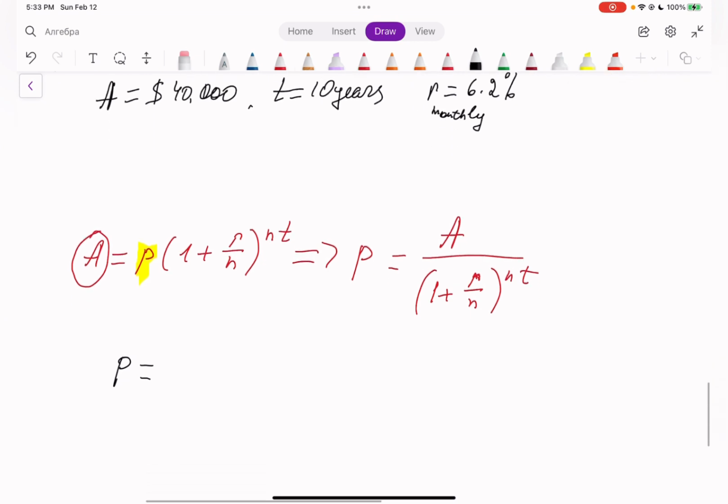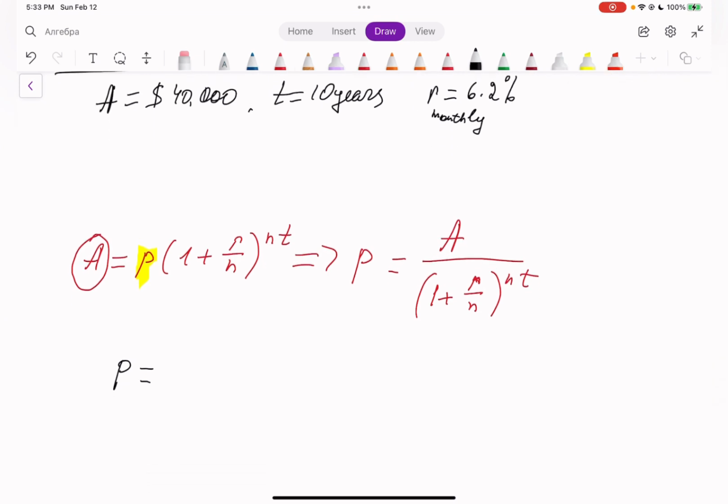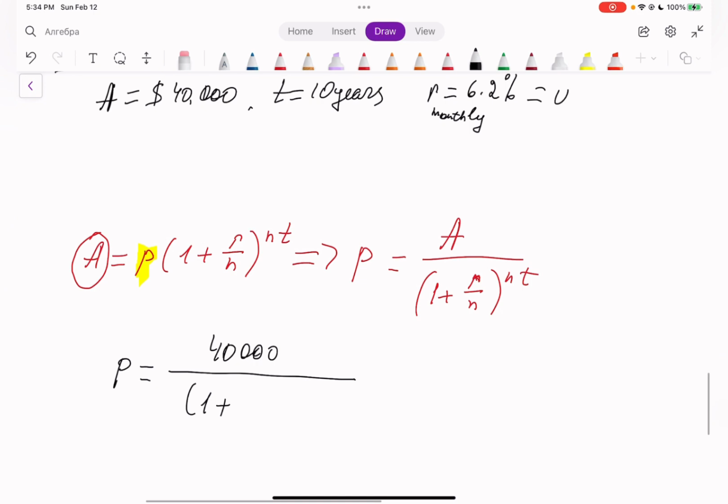Well, let's see. P, the present value that we are going to invest to get 40,000. A is our 40,000. Then we divide 1 plus our rate, 0.062, divided by n.